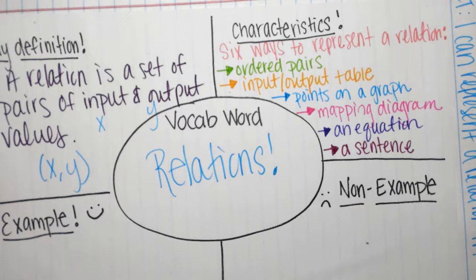So those are the 6 ways to represent a relation. Our goal today is to be able to represent it multiple ways, so we're going to pick 4. We're going to do the first 4, and they're really easy because we can't create equations yet, and soon we'll be able to do that and write it in a sentence.